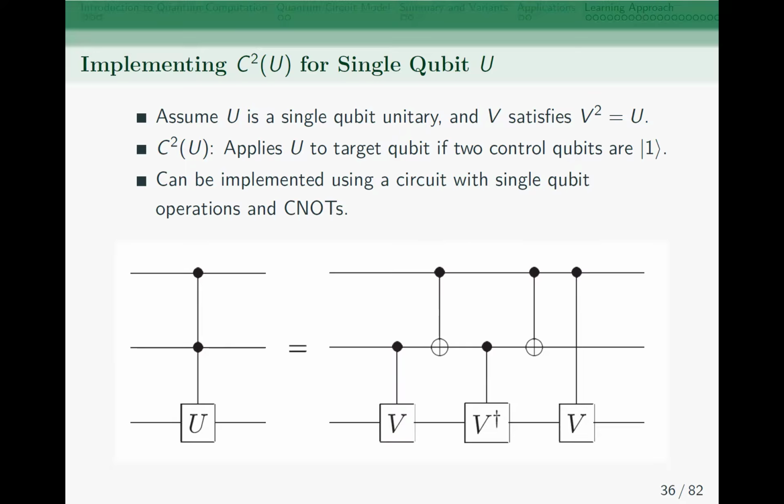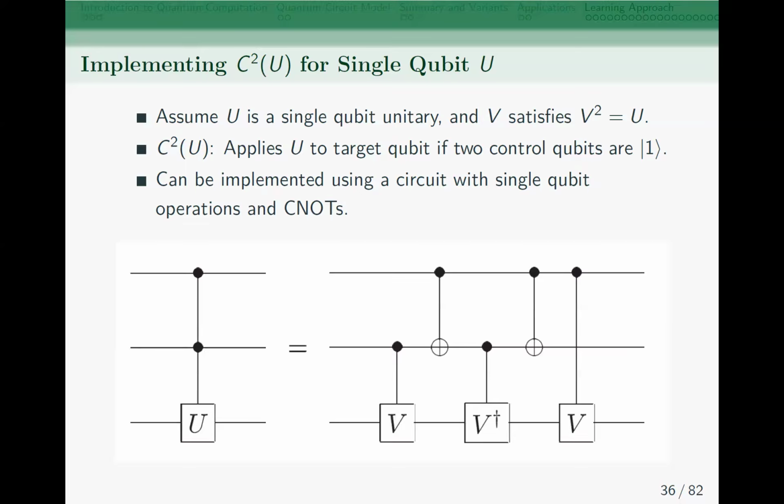People spent a lot of time to figure this out. So here you have two controls, but at the right-hand side you only need the C-NOT and the single-qubit control. And then you can use the previous theorem to decompose this single-qubit control into the space with C-NOT. Now you can decompose this again using the previous theorem for arbitrary B.